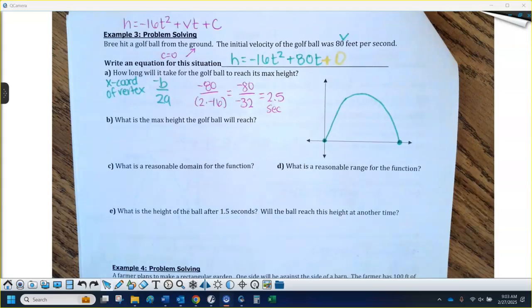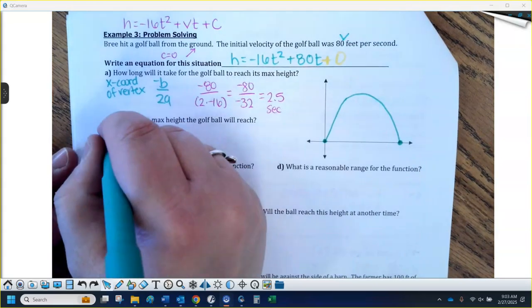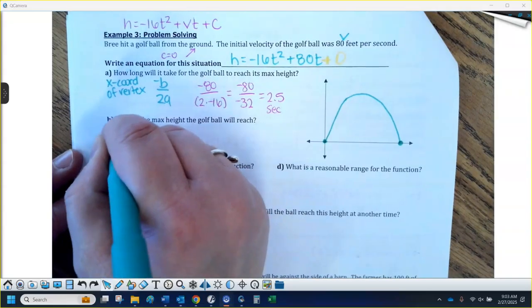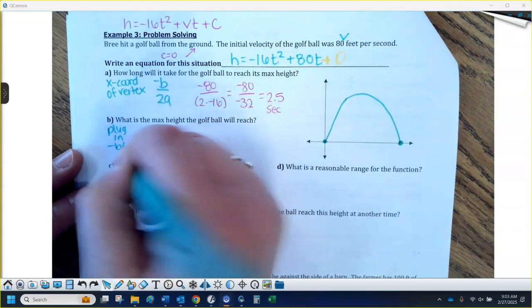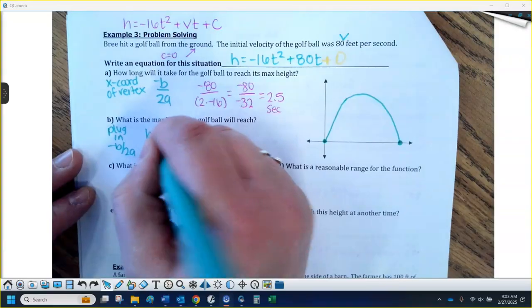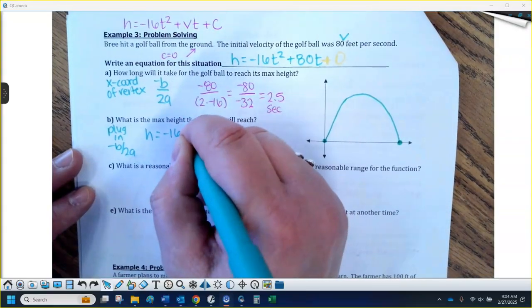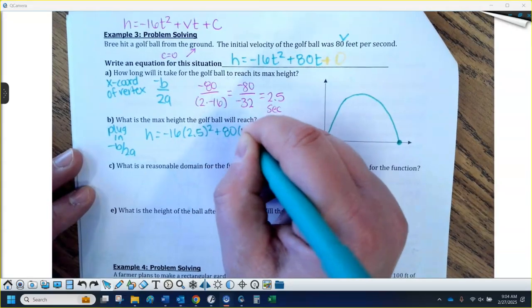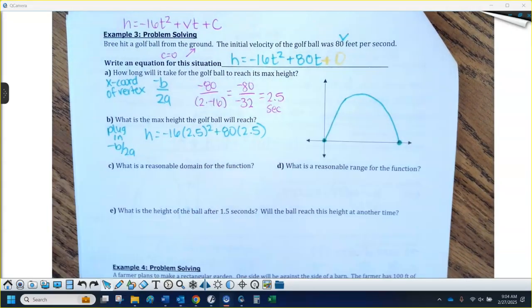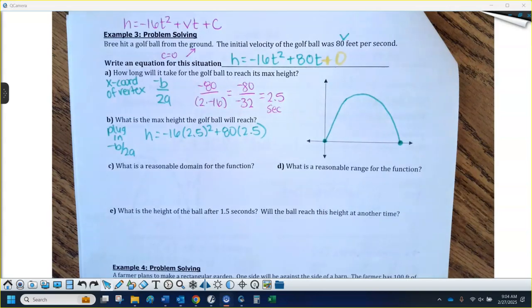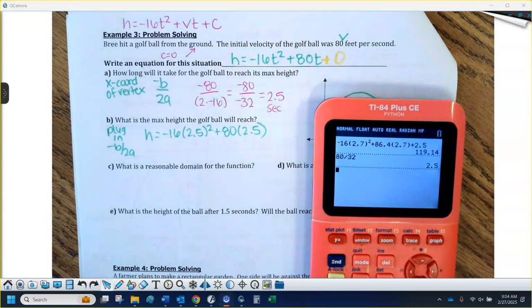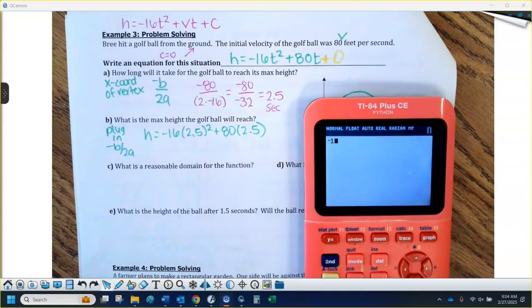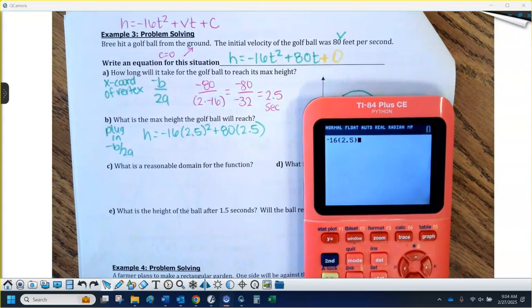What is the actual height? We're just going to plug this in. We're going to plug in negative b over 2a. So for the height, we're going to do negative 16 times 2.5 squared plus 80 times 2.5. And then we don't have a plus anything else because we didn't have an initial height. Don't forget to square it.